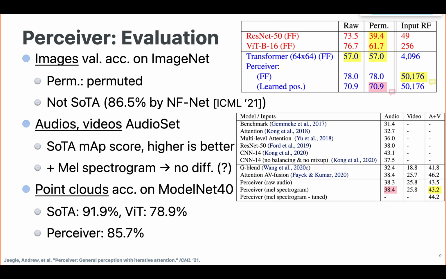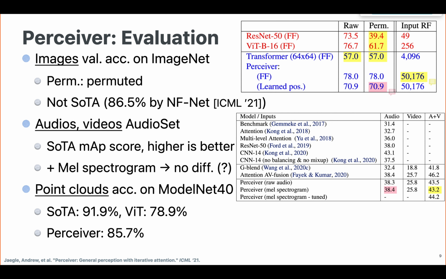So here's the evaluation. I will zoom in for the second table. First, on images, they evaluate on ImageNet, and shown here is accuracy. The higher the better. We can see the models in red are very modality specific, and when they operate on the raw inputs, the accuracy was fine.